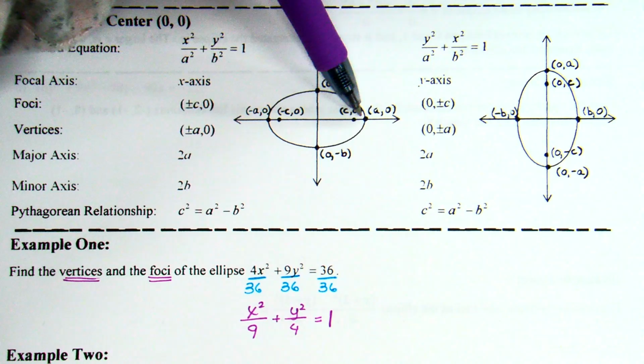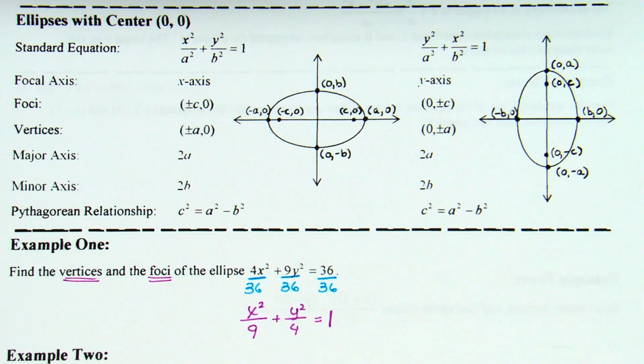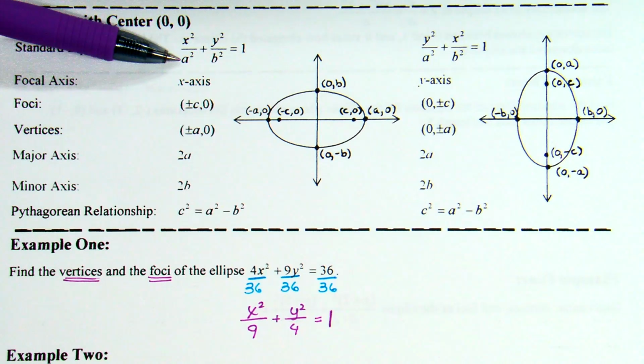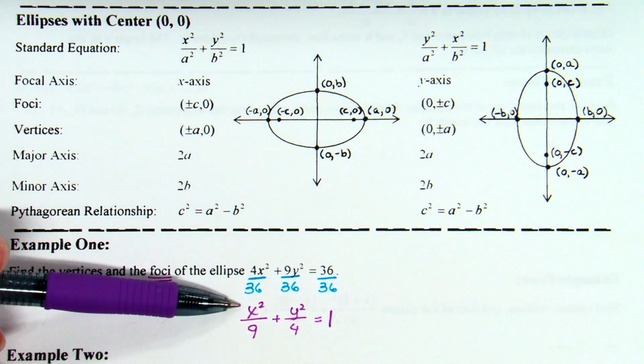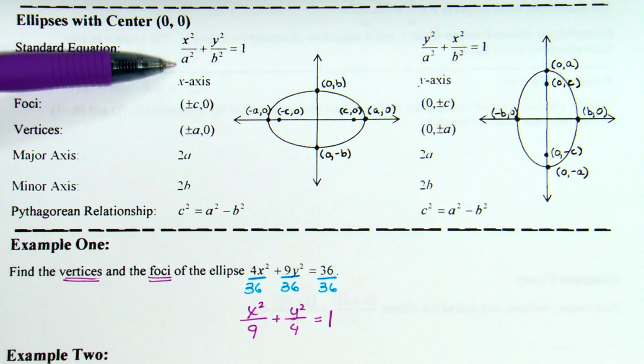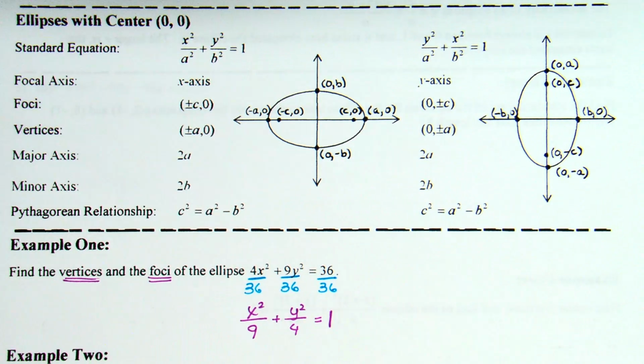And if you notice where A is in relation to B in both pictures, A is always going to be bigger than B. So if A is bigger than B, in order to decide which this is, the bigger number in the denominator is A. So where is my bigger number? My bigger number is under the X. So what that's telling me is that this is a left column problem and that my major axis is going to be the X axis.